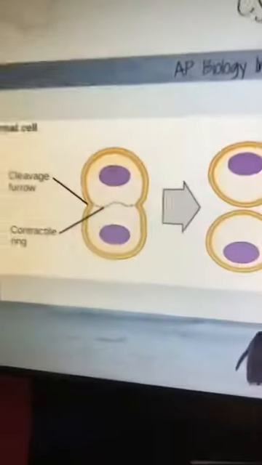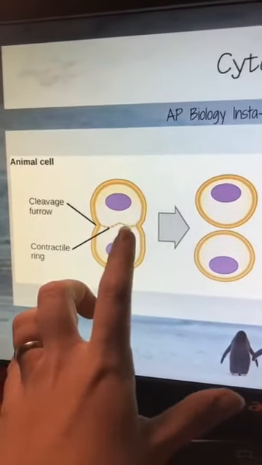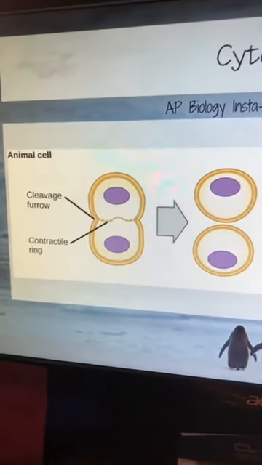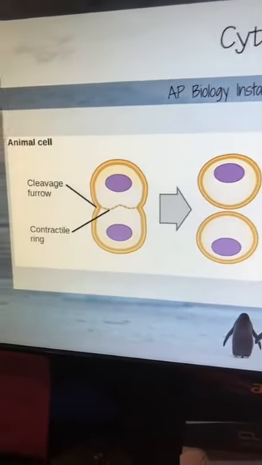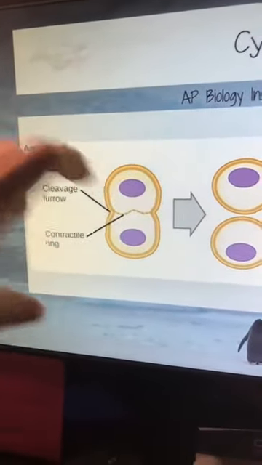Oh, I have an image for cytokinesis. Cytokinesis is different between animal cells and plant cells. As I said before, we have this cleavage furrow. Basically, it's an actin ring that pulls really tight, and when it does, it pops the cell into two, because this is just the plasma membrane. If you remember, the plasma membrane is made up of phospholipids, which are independent little molecules that are free floating together.